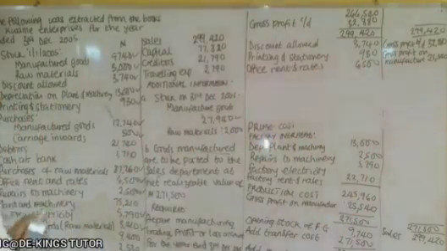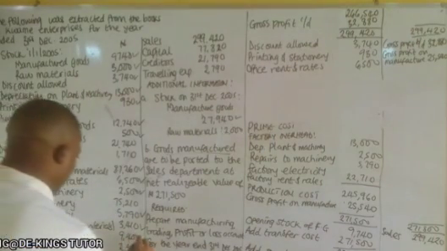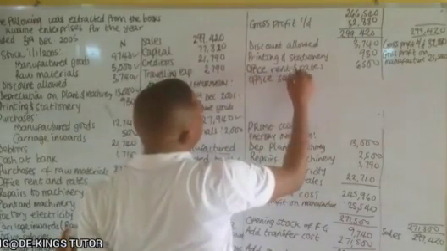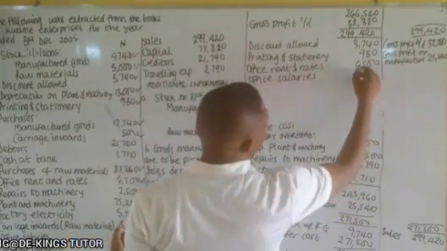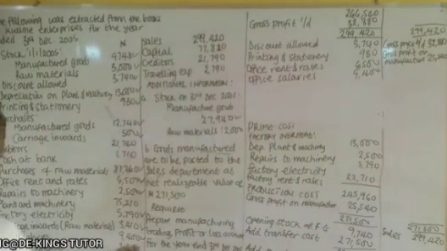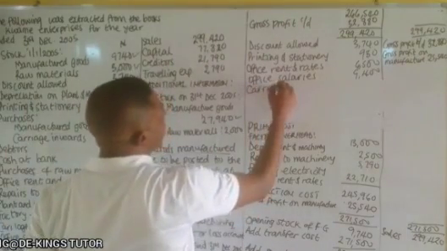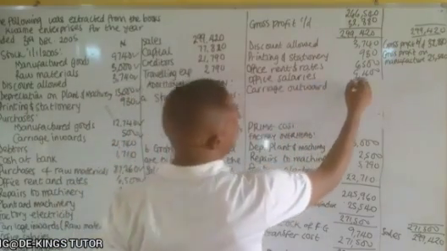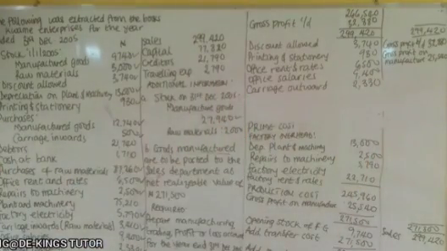The next one, plant and machinery, no. Office salaries is 9,400. That will continue. Carriage outward, 2,330.